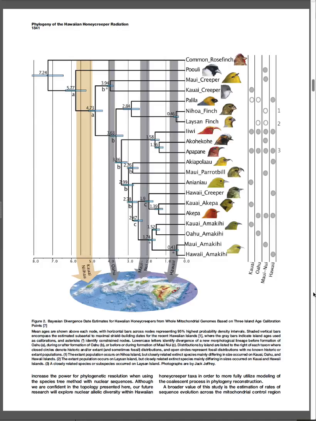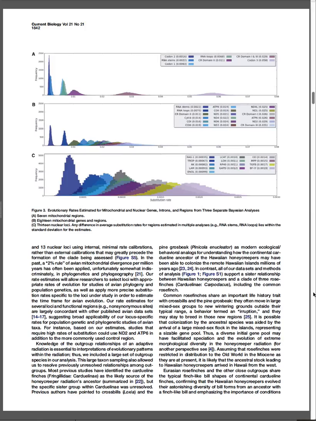Okay, last figure I'm going to tell you about is figure 3, and this is a map here of the substitution rates for each of the different types of loci that I looked at. This analysis had a lot of different loci. It's one of the early studies to look at so many loci, and to have such good dates to apply so we could figure out really exact rates of evolution for these different genomic regions.